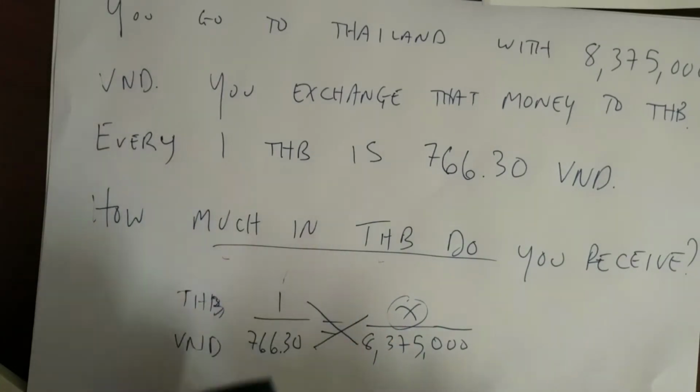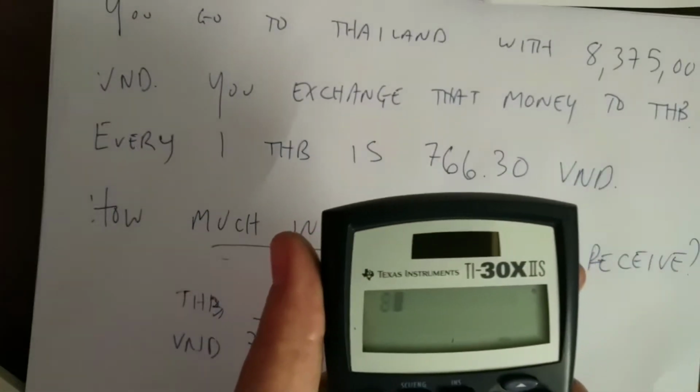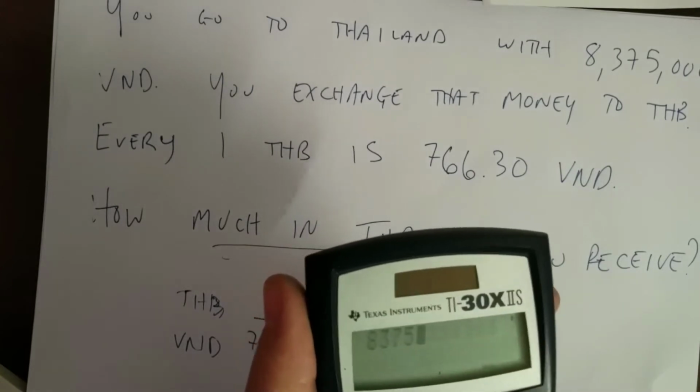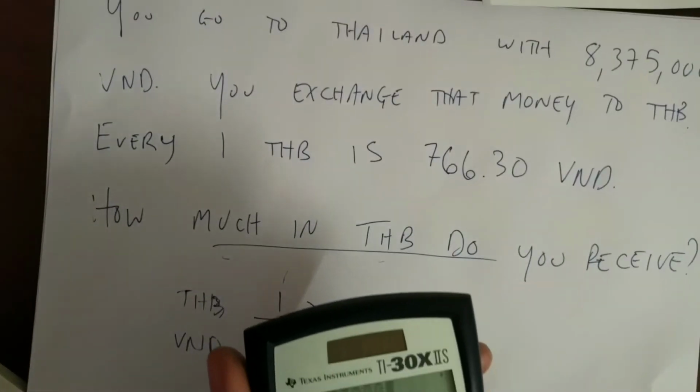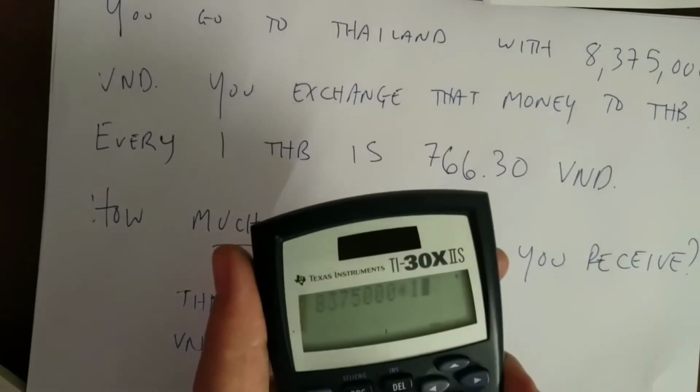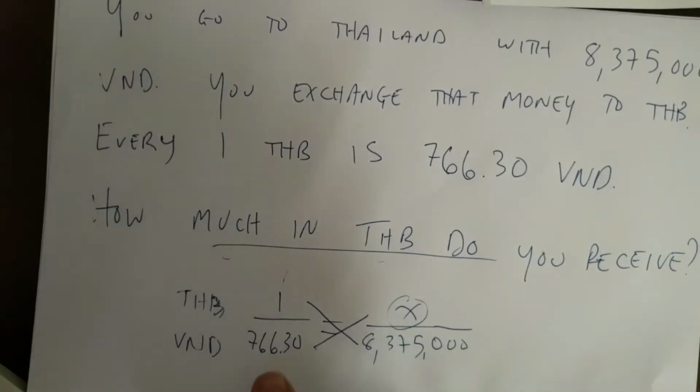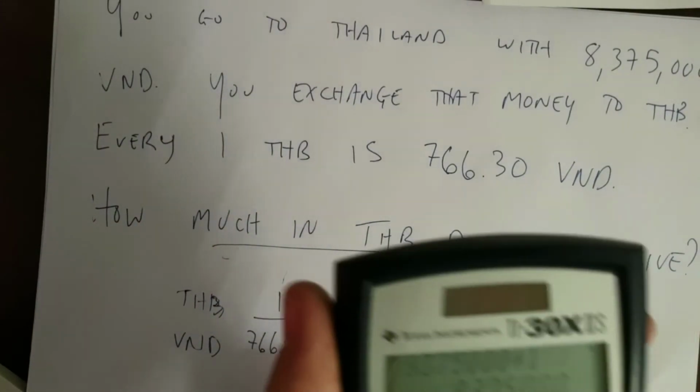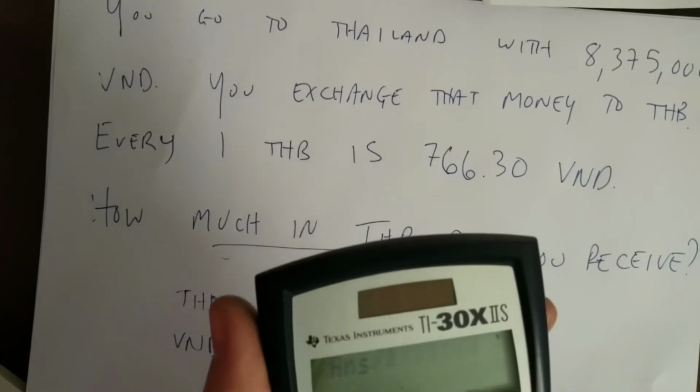So we've got 8,375,000, and we're going to multiply it by 1. Well, we know what that is. It's the same. And then we're going to divide it by 766.30x divided by 766.30.